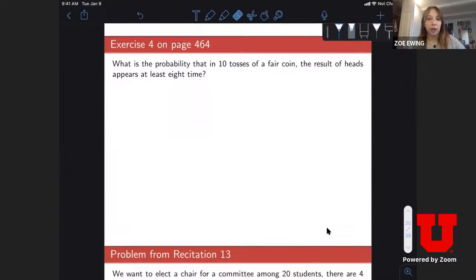So we have the probability. First, we want to find the size of the sample space. So we want to figure out what is the total number of outcomes that we can have if we have 10 tosses of a fair coin. So how do we figure this one out?